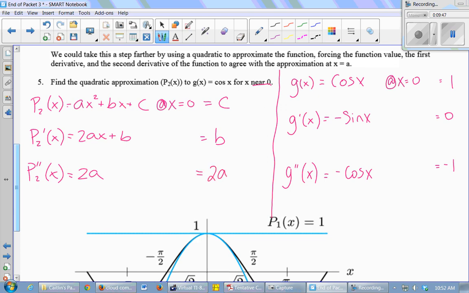And then I'm going to force the polynomial value at 0, which is c, to equal my function value at 0, which is 1. Right? g of 0 was 1. And then the derivative of my polynomial at 0 has to equal the derivative of my function at 0. Right? So b has to be 0. And then the second derivative of my polynomial has to equal the second derivative of my function at 0, which is -1.